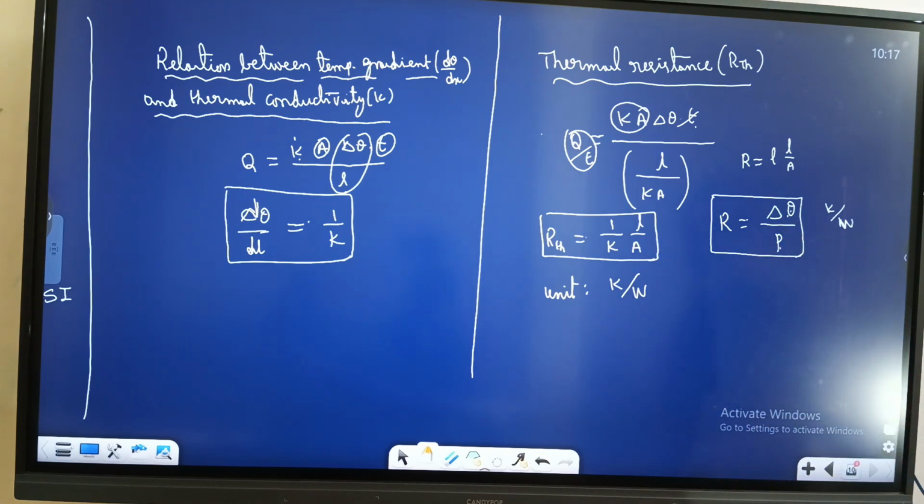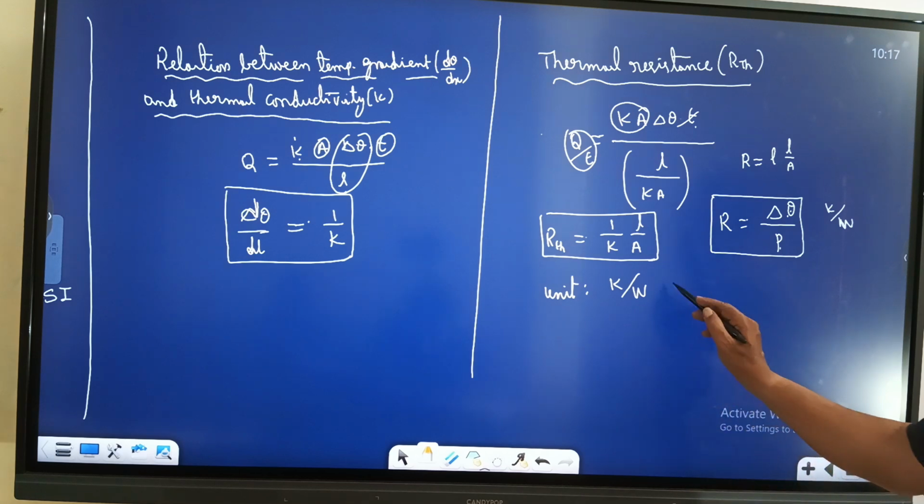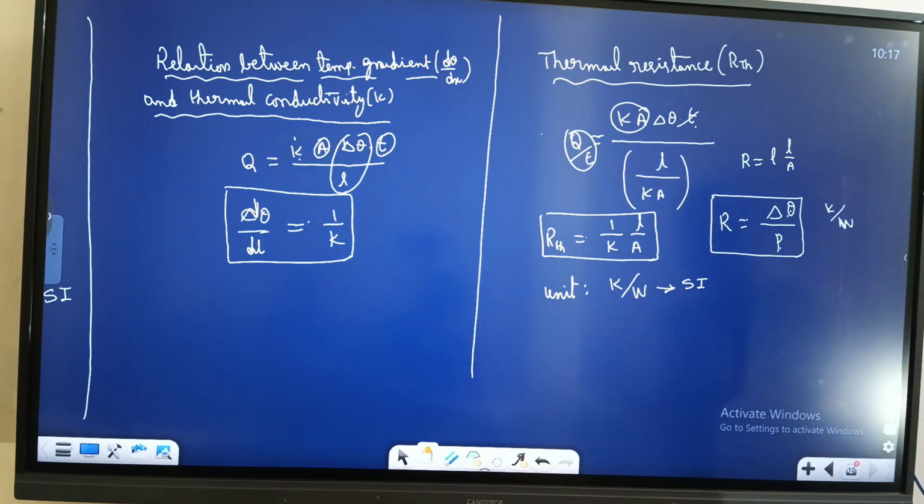It is the thermal unit in terms of Kelvin, in the SI system only. Okay. Now you got power also. Power, or you can say rate of heat flow, both are the same only.